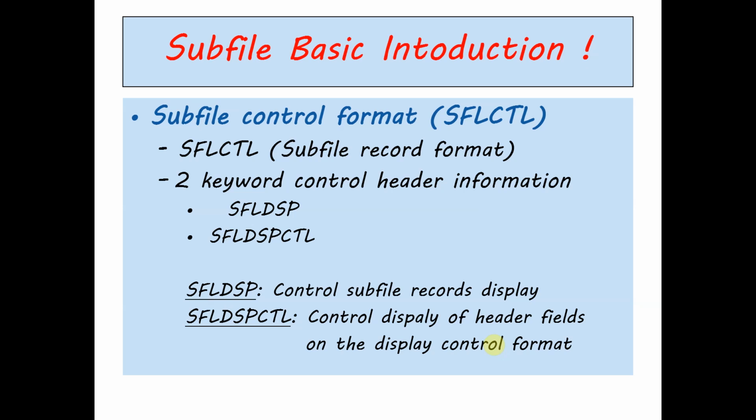Whenever you want to take input back from the user to the subfile, you are going to use the SFLDSPCTL keyword, else you don't need to use this. You should use SFLDSP because that controls the display of subfile records, so it also handles the empty case. You are not going to activate that keyword in case of an empty subfile.